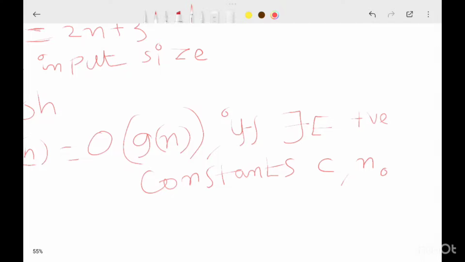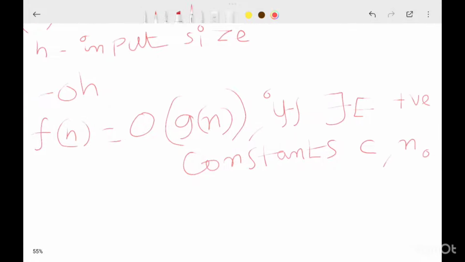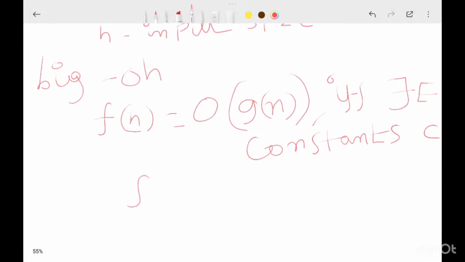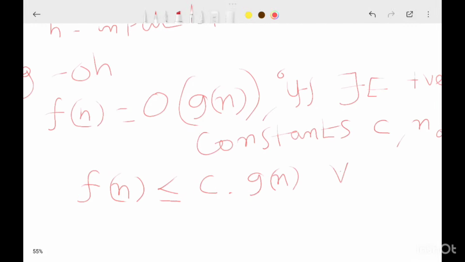So the big O notation of function f of n can be written as big O of g of n if and only if there exist positive constants c and n0 such that f of n should be less than or equal to c times g of n for all values of n greater than or equal to n0.